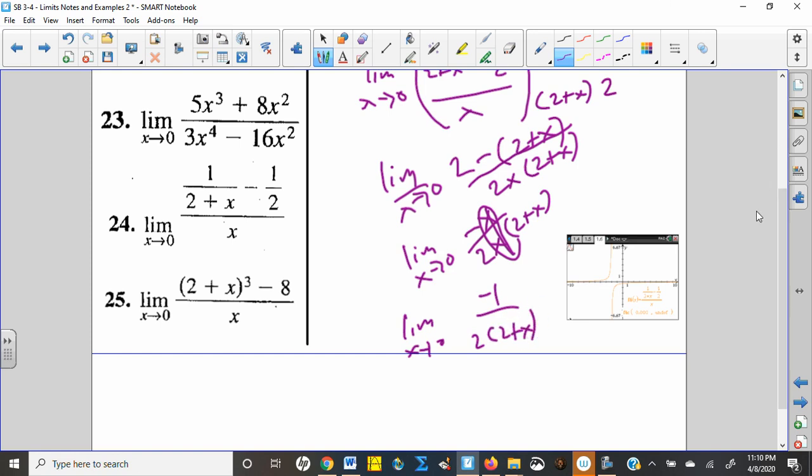Remember, the original reason I couldn't do this is because you can't put a 0 in there. We just made that cancel. So that means we can now substitute our 0 and get our answer. And by the way, I think I did a graph of this one.